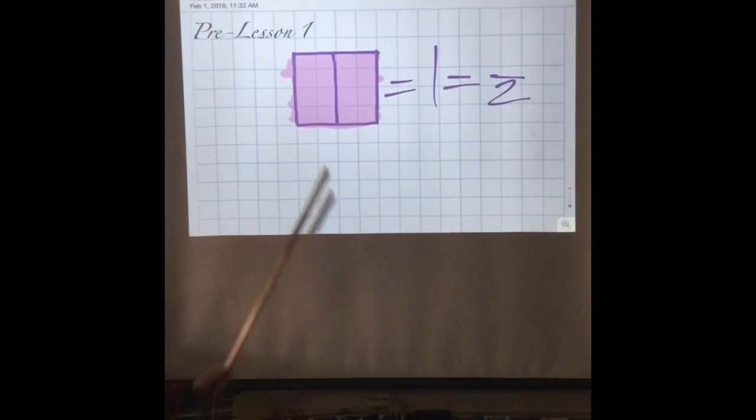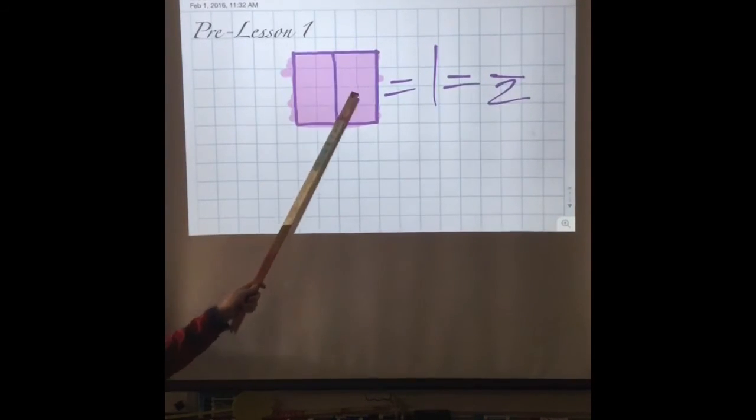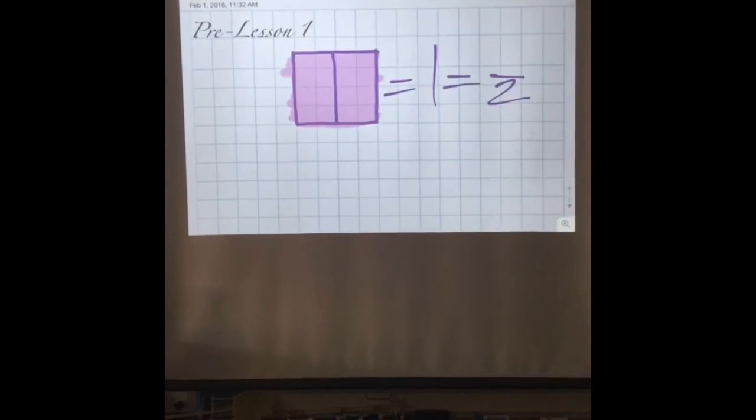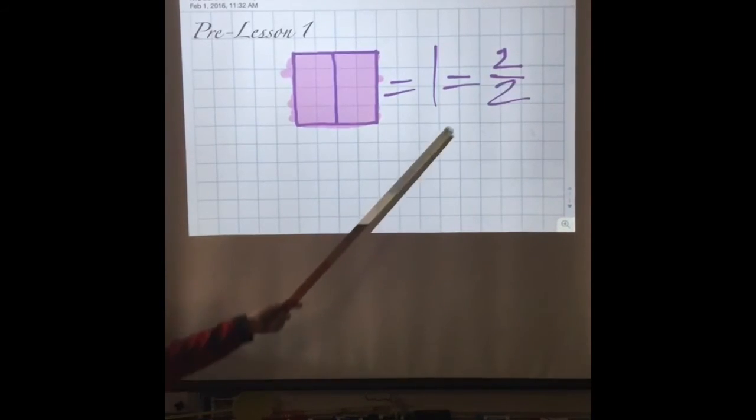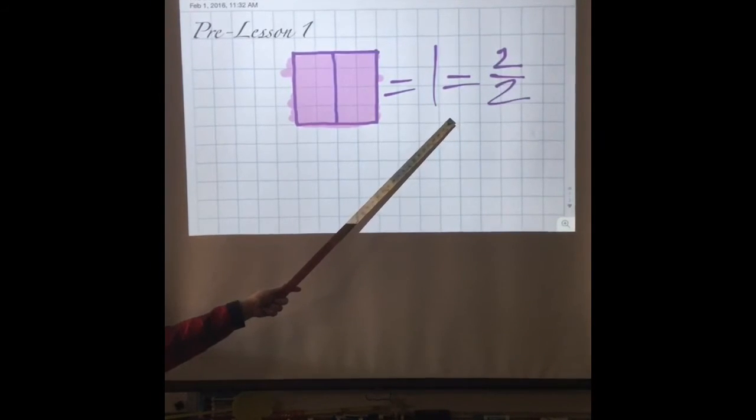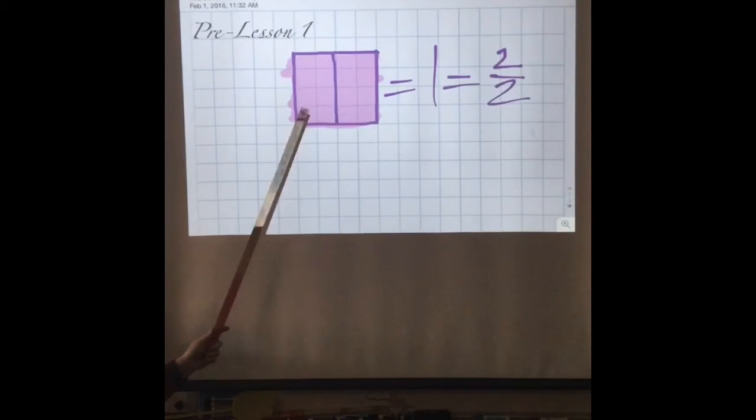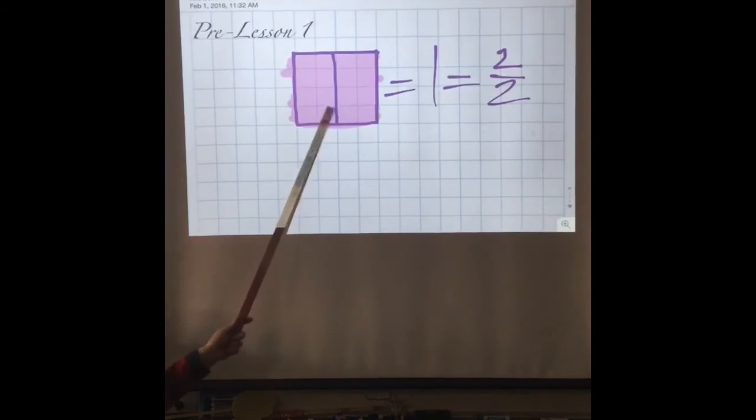Right. How many of those do I have? I got 1, 2. I got them both, right? So I put what on top? A 2, right. So that means I have 2 out of 2 pieces, which is one whole. You see the one whole, right? You guys are okay with that? I'm not going too fast, am I? I hope not.